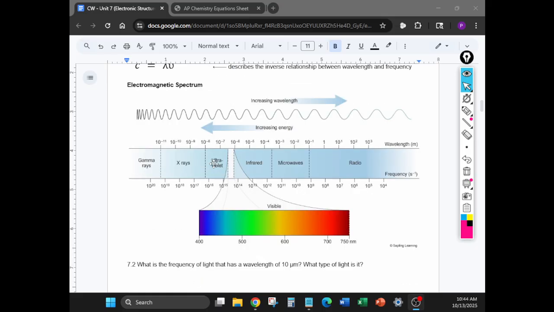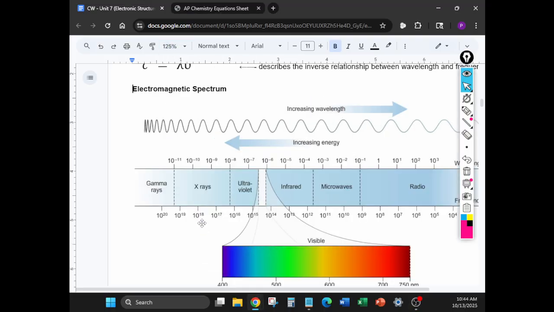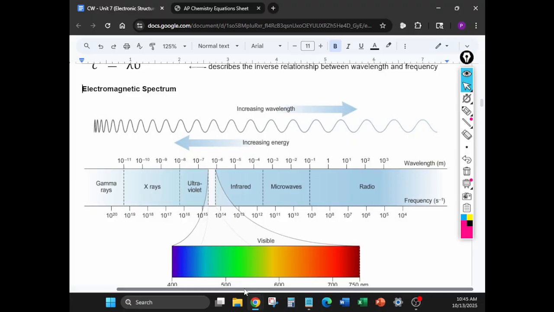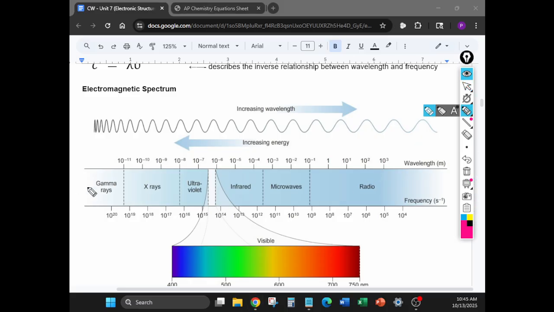Okay, so that leads us into a very important diagram called the electromagnetic spectrum. Before you write anything down, let's just look at it, and then we'll analyze it, and then we'll do some problems with it. So this is called the electromagnetic spectrum, and let's start from the middle. The middle shows you all the different types of light that we talk about.